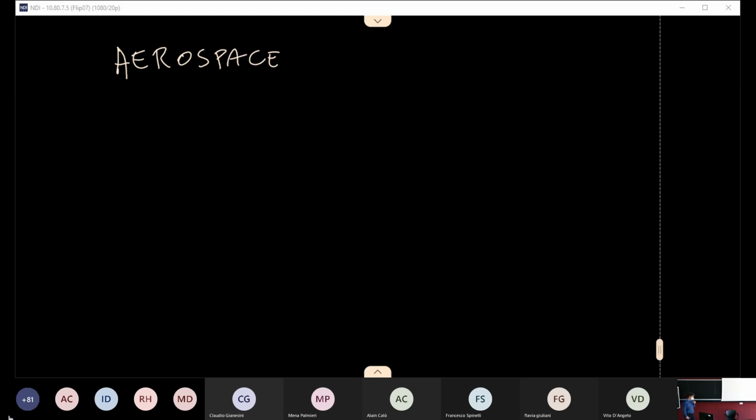Today, after yesterday's introduction, we pass now to see something more detailed about our aerospace propulsion. In particular, today I would like to introduce and recall the medium we use for propulsion.